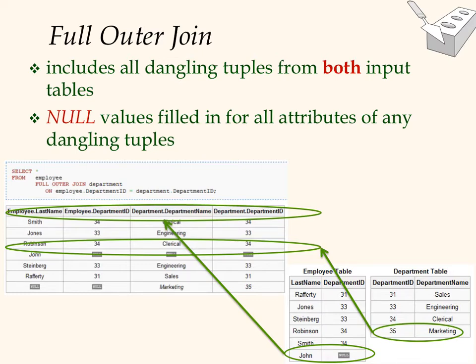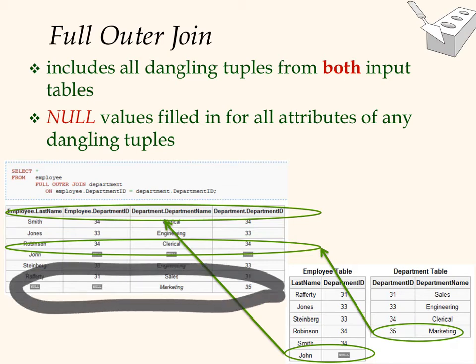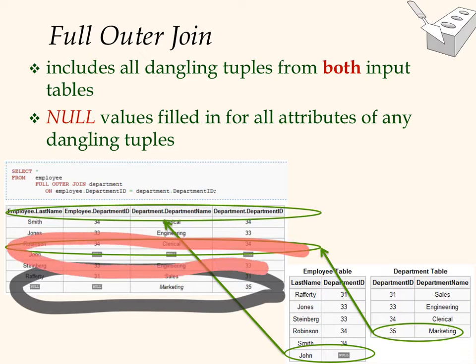So in this case, again, that's messed up. But if you change the syntax to perform a full outer join of employee and department on both tables, then on the right, the marketing will be included here. And on the left, John will be included here with null values. Sorry about the slides being messed up.